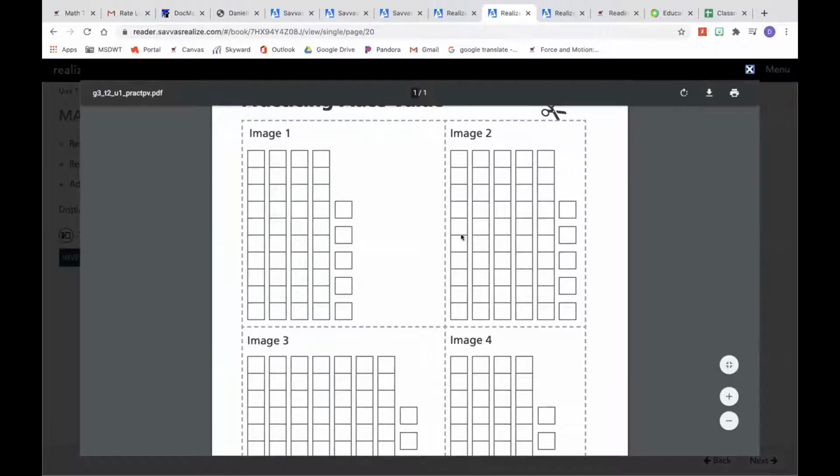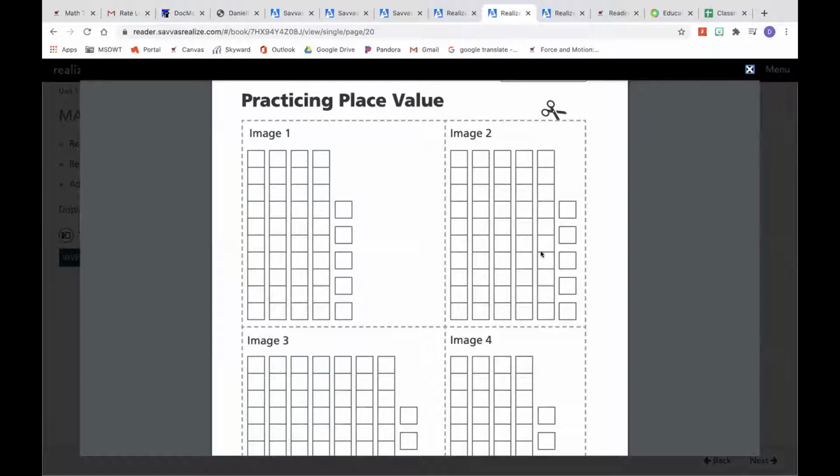Okay, go ahead, do image 2. Send me a chat of how many you think is in number 2. This one right here by the scissors.